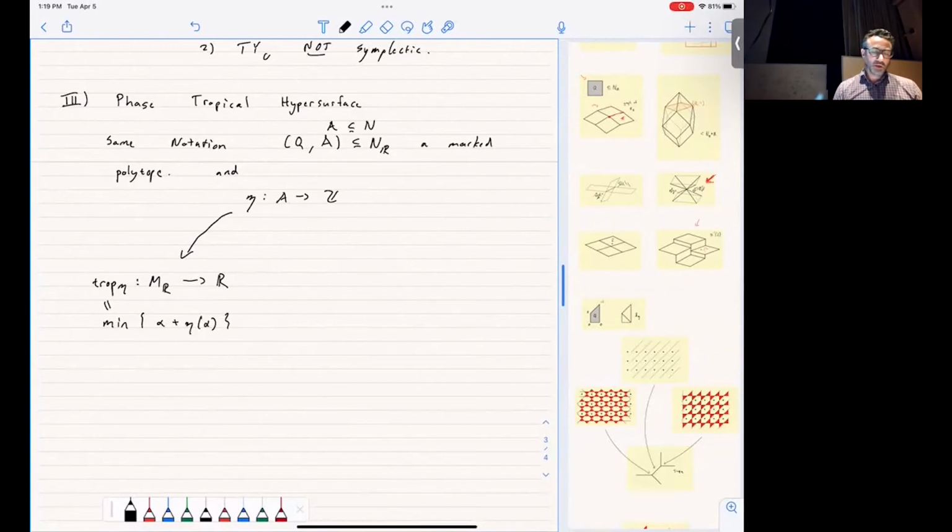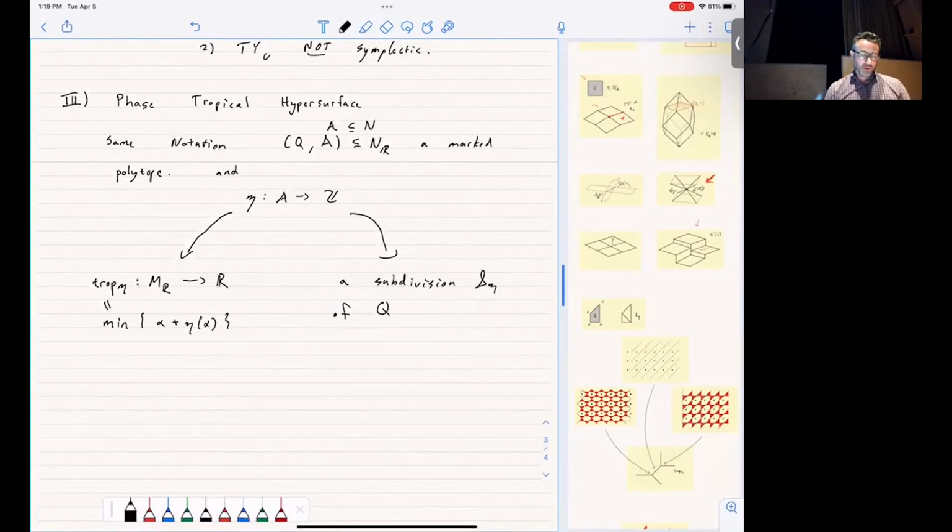And dually, you also get a coherent subdivision of Q, which I'll denote by S sub eta.